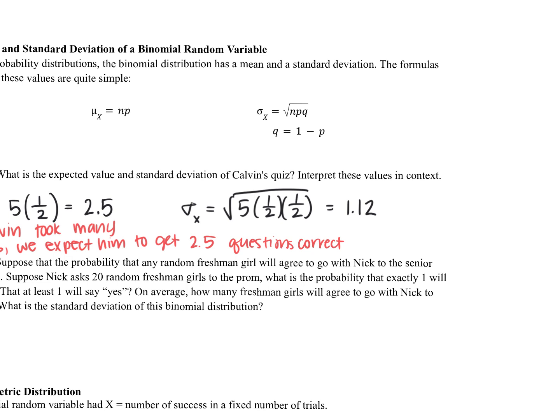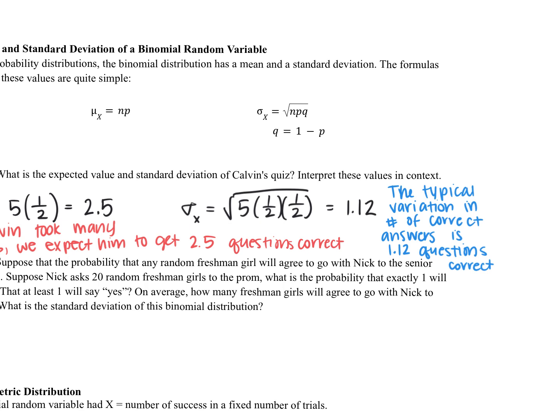For our standard deviation, that means that the typical variation in number of correct answers is 1.12 questions correct.